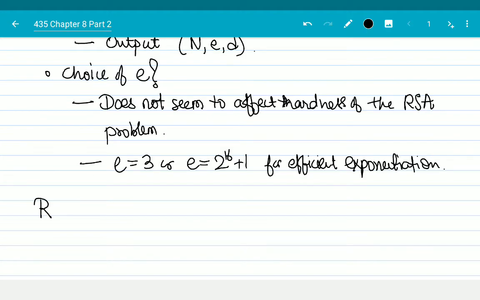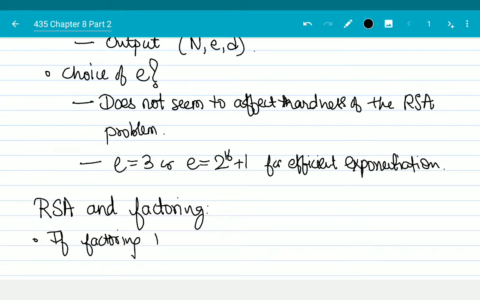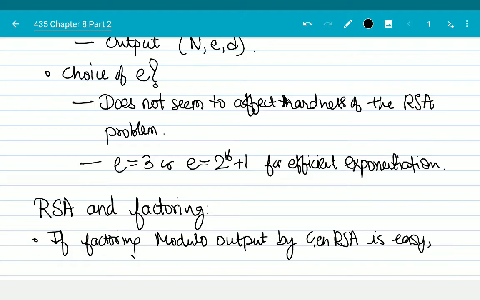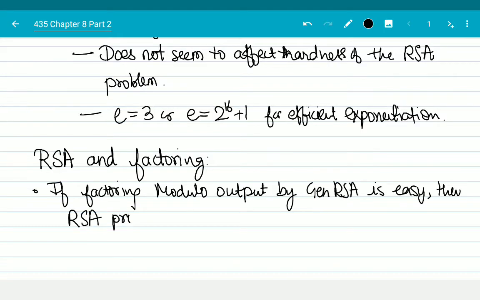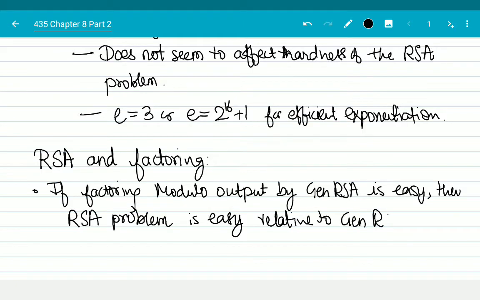So RSA and factoring. If factoring modulo output by gen RSA is easy, then the RSA problem is easy relative to gen RSA.